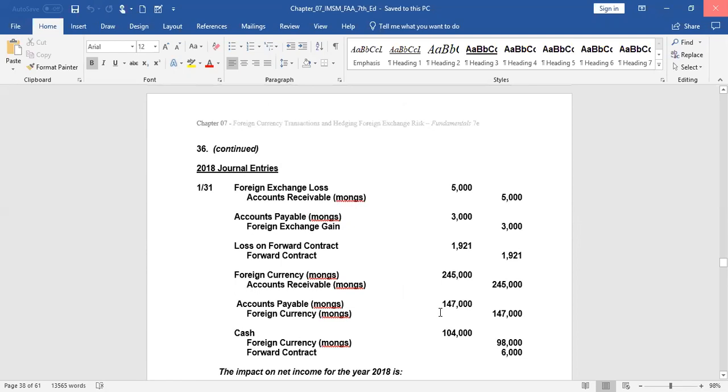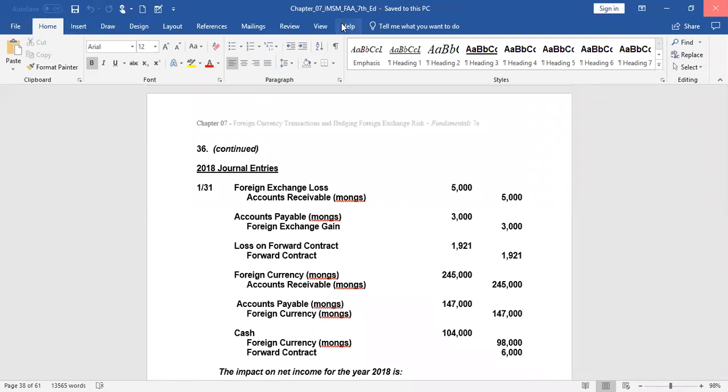And why is that? I'm looking at the book: the spot rate on November 30th was 53 cents, and we locked in at 52 cents. So we automatically took a $2,000 loss on those mongs for that 0.01 difference. But it's better than taking a 4 cent or 5 cent per mong loss. And that's why that contract was signed.